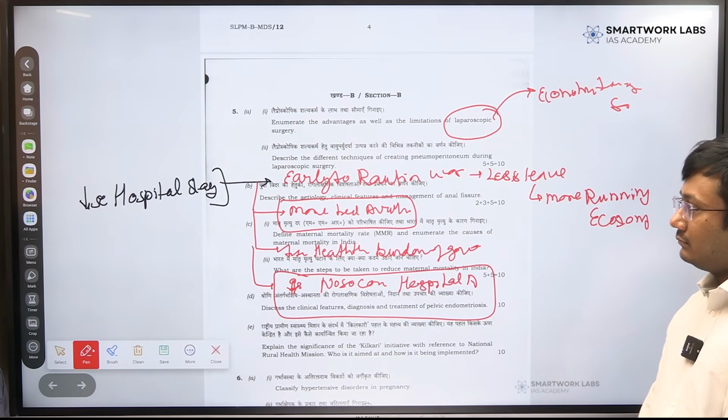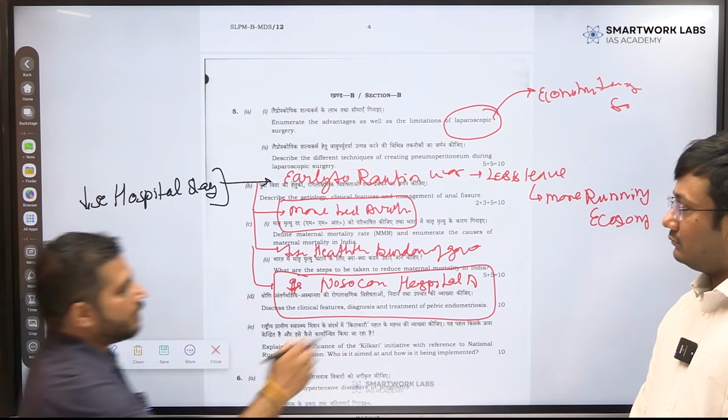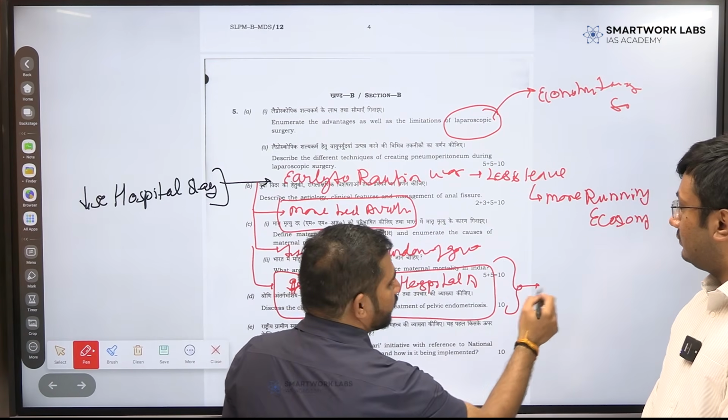So laparoscopic technique is not only for the benefit of the individual, but it is a benefit for the society.